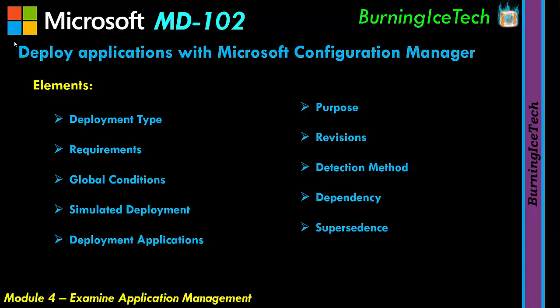And then, folks, the last element on the list here is application groups. Starting in version 1906, you can use application groups to deploy a group of applications to a user or device collection. Now, for those of you who don't remember, a collection is the same as a group, except a collection is for the Configuration Manager side of things.